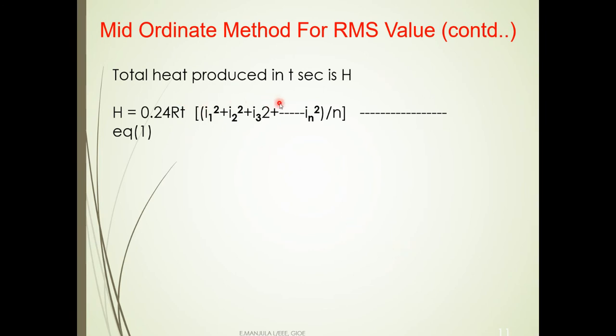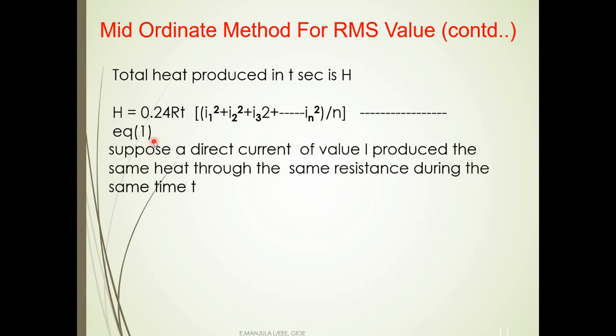The total heat produced in T seconds is capital H, which equals 0.24 R T into I1 square plus I2 square plus I3 square, so on till In square, divided by N.